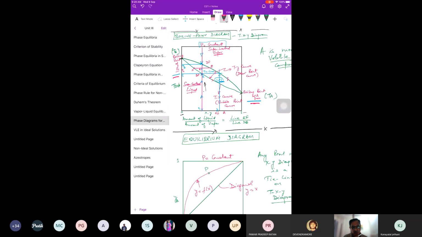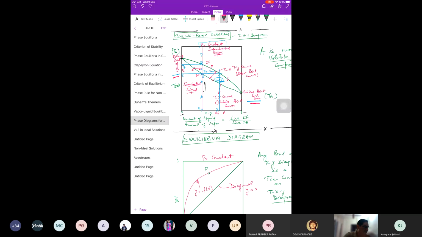So the point he has given is somewhere in between these two curves. That means if we separate it out, we'll get a liquid phase and a vapor phase. Both will come out. Is the question clear?